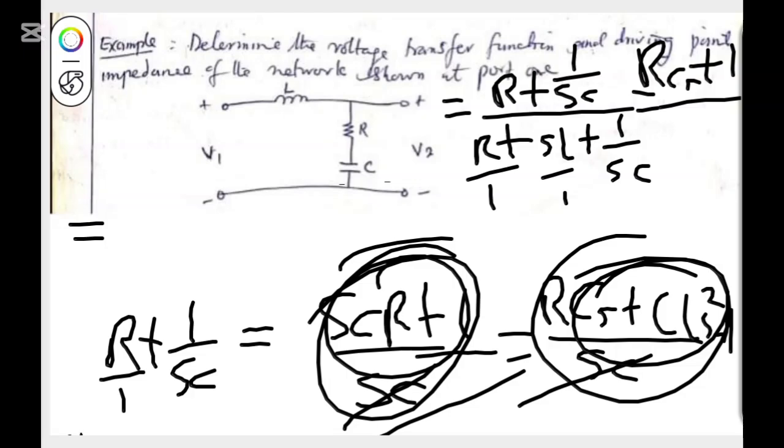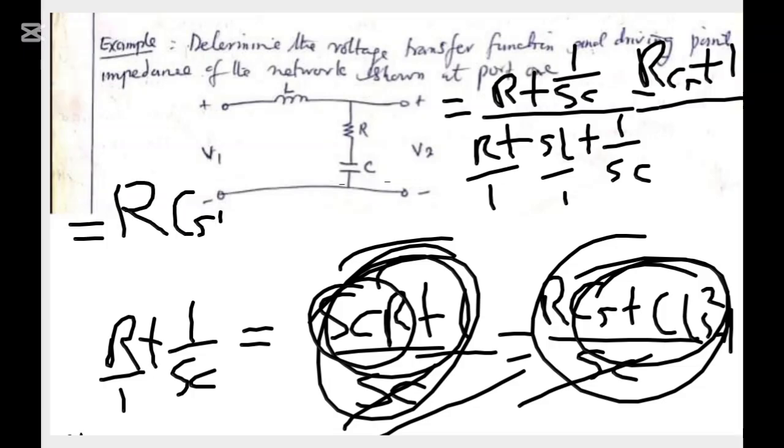So I have to say this is RCS plus 1, divided by this.